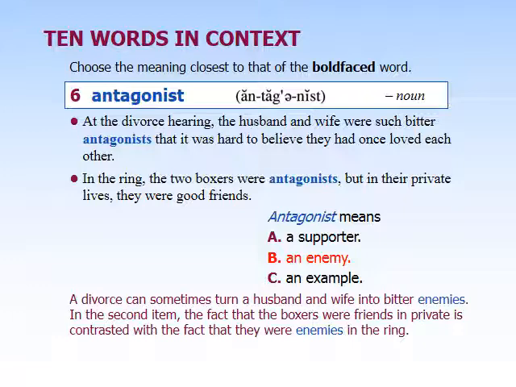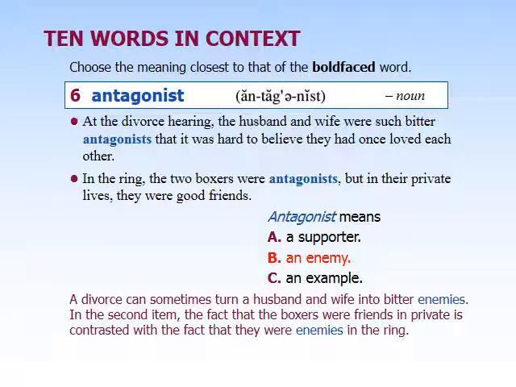So your antagonist, if you have an antagonist, is the person who is fighting against you. Antagonist comes from the verb antagonize, and what antagonize means is to bother somebody. So the antagonist is the person who is in conflict with you, who is bothering you. Another way to think of it is a person who actively opposes or is hostile to someone or something.